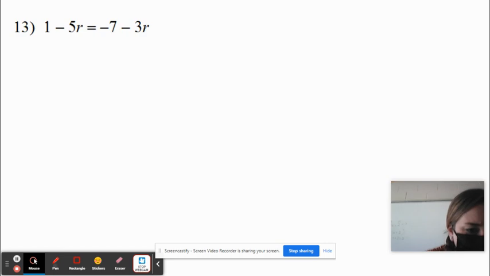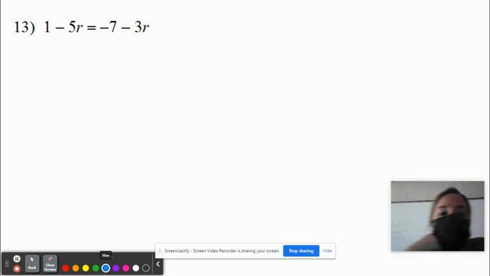Question 13. Okay, so there are no like terms to combine, so that makes it easier for us. Let's just focus on getting our variable terms to one side. I'm going to go to the right this time, that way I can avoid negatives if I want, right? Because watch what happens.